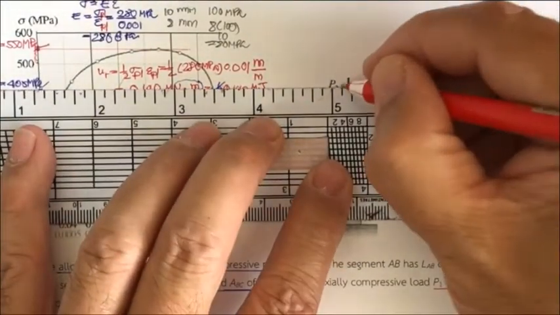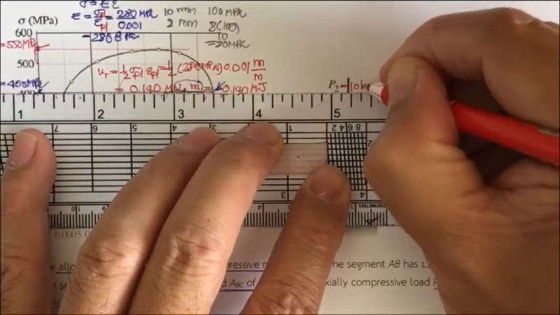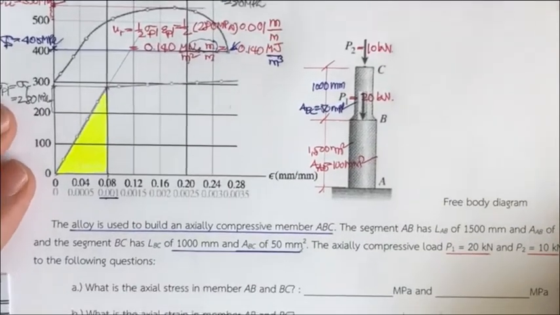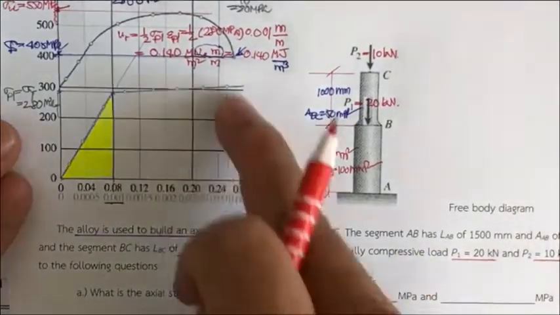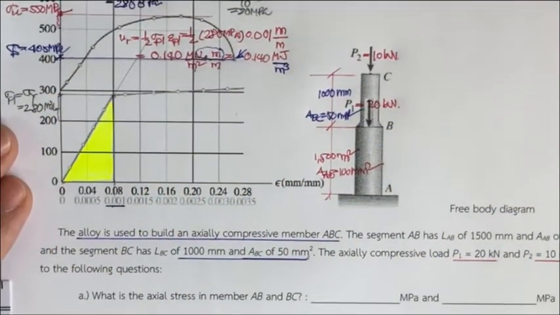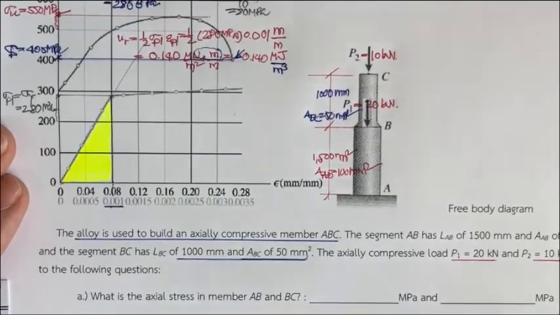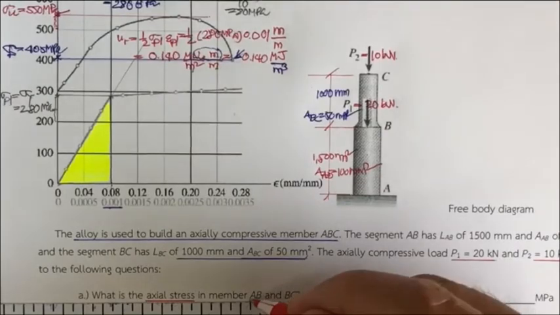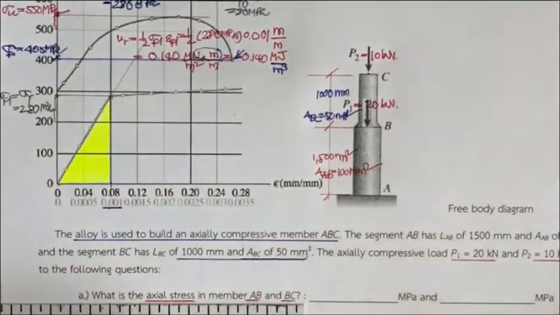From this, they ask us to use the material properties that we computed from this stress strain diagram to determine first the axial stress in member AB and in member BC.